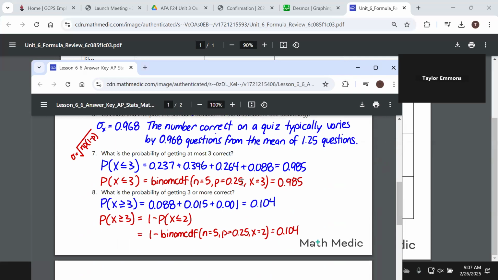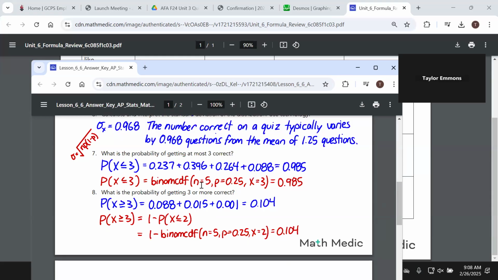We said n equals 5, p equals 0.25, and x equals 3. So at most 3. If I do 3 or more, I'm going to do when x is less than or equal to 2.